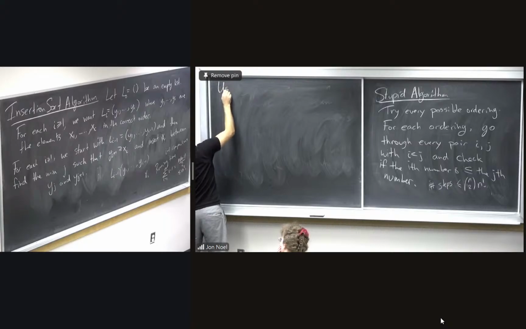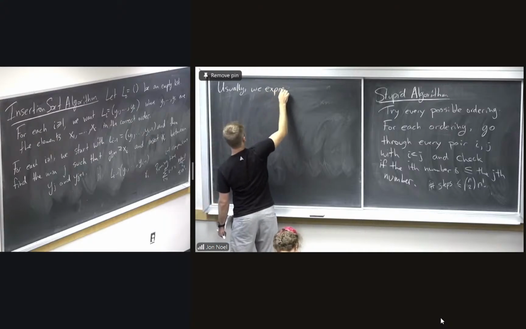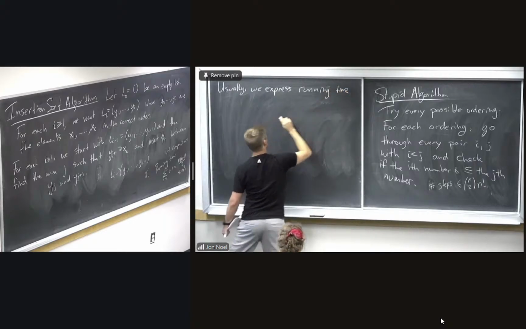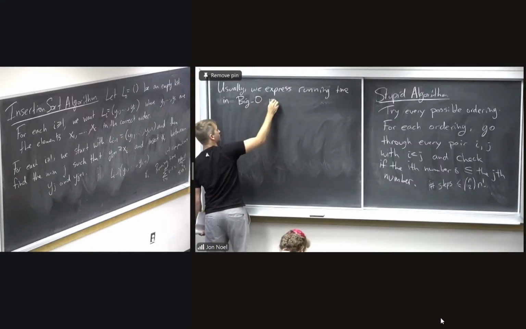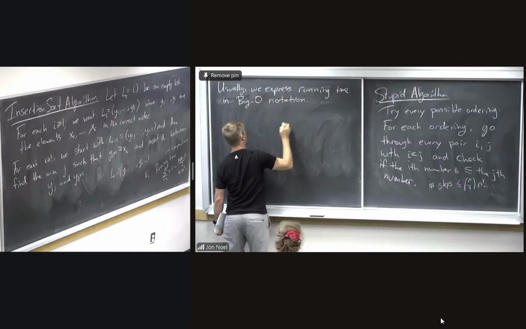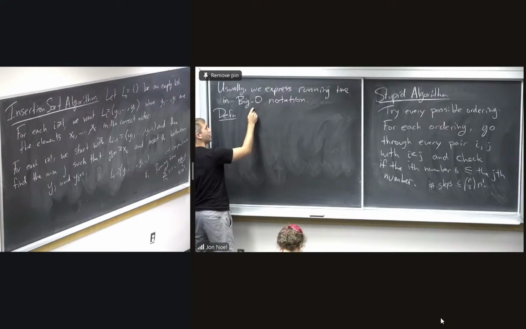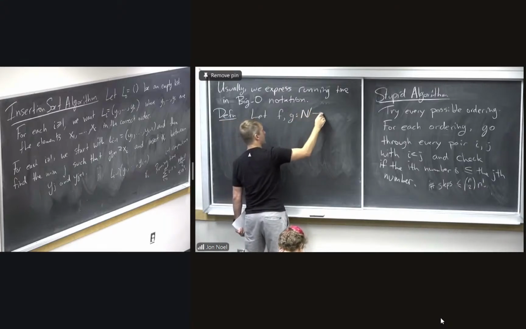So usually we express running time in big O notation. So let me remind you what that is, or tell you for the first time if you're not familiar with it. So let f and g be functions from the naturals to the naturals.